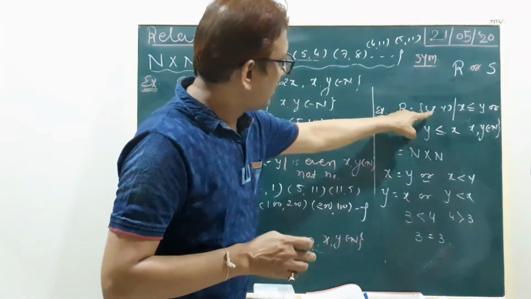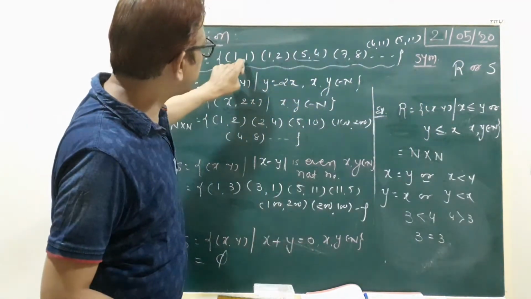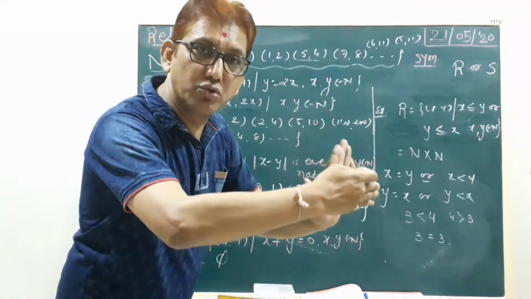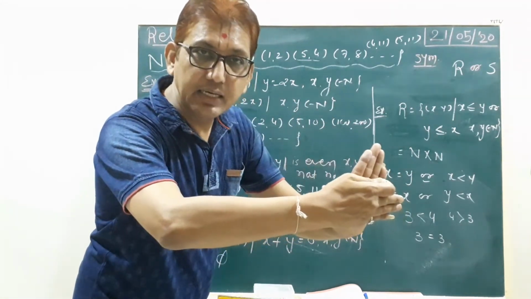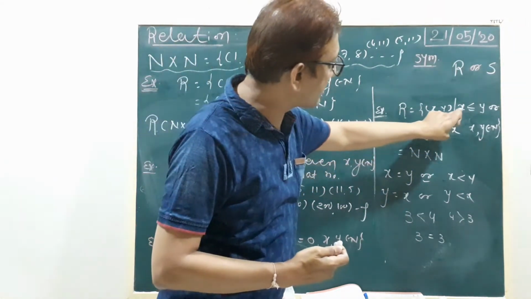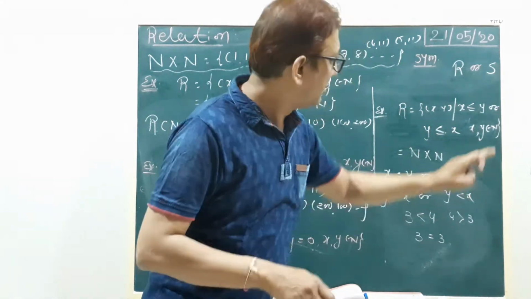First, the first number and the second number are equal. So we can select the brackets where the first and second number are equal, that is 1 1, 2 2, 3 3. All the brackets with the same element satisfy the condition x equal to y, y equal to x. Okay.